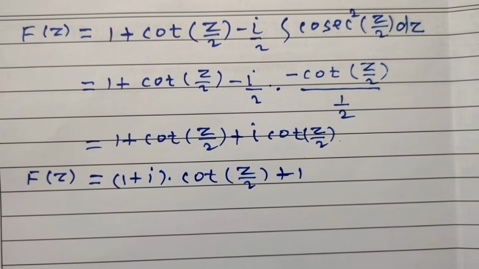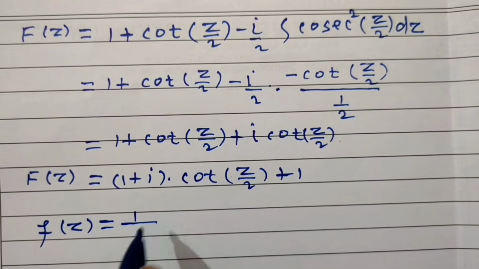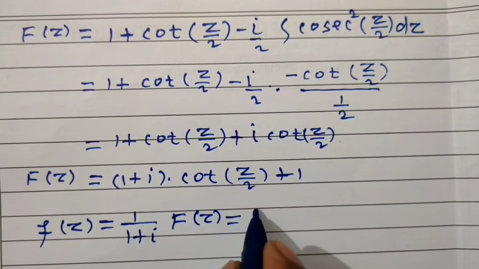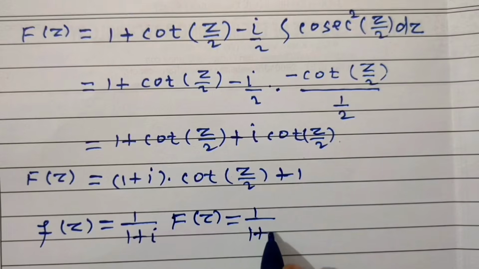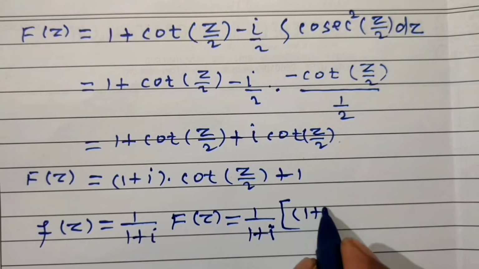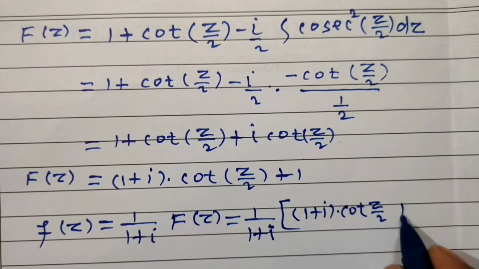Now small f of z, the analytic function f of z, is equal to 1 upon 1 plus i capital F of z. This is equal to 1 upon 1 plus i, capital F of z is this one, 1 plus i into cot of z upon 2 plus 1.